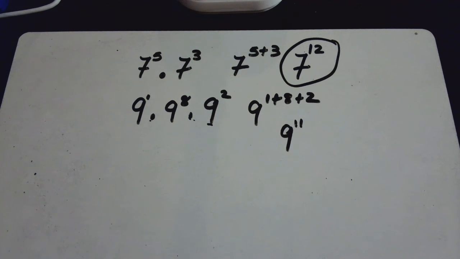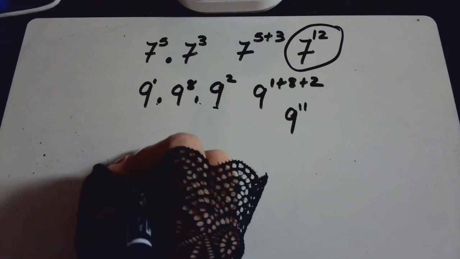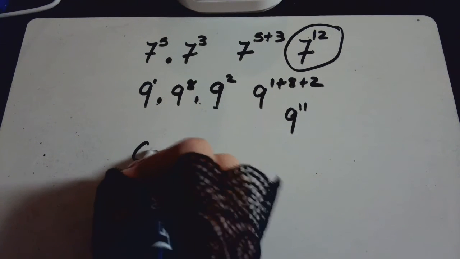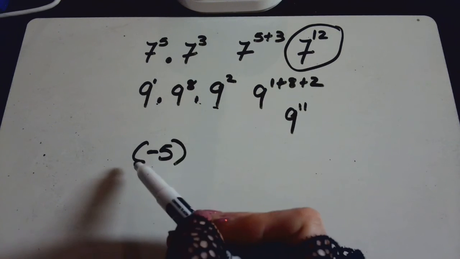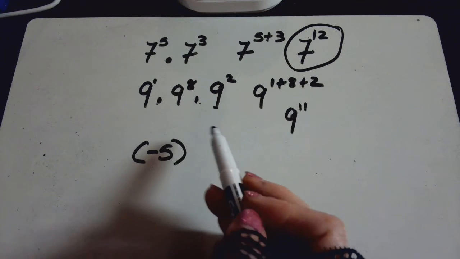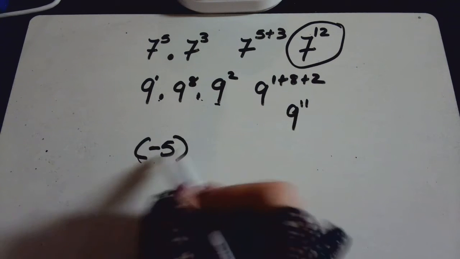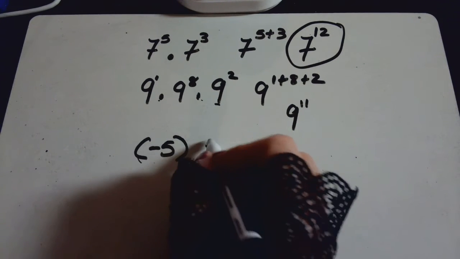Okay. Now, say we have a base of -5. Whenever it's anything more than just a 5, such as a negative, or you can have bases that are a lot bigger as we go on, they put parentheses around it.